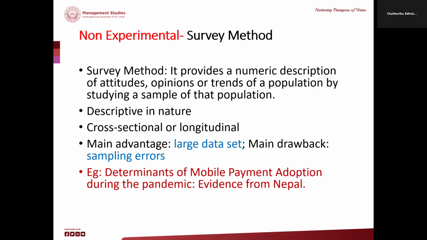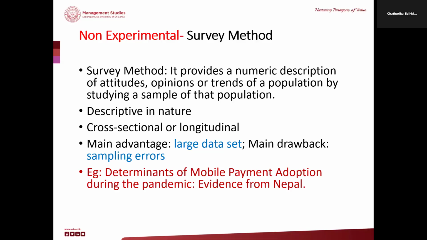From these theoretical perspectives, you can develop your own conceptual framework with justifications, and you can measure the relationship between the concepts. In order to adopt mobile payment solutions, what are the factors affecting, what are the determinants you are investigating.